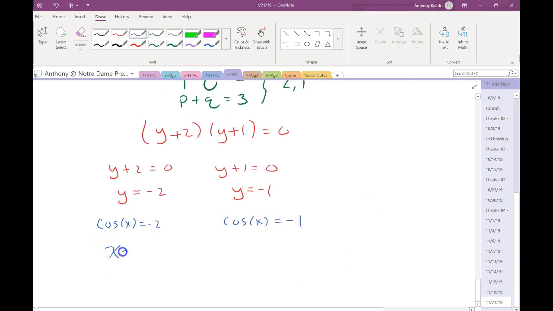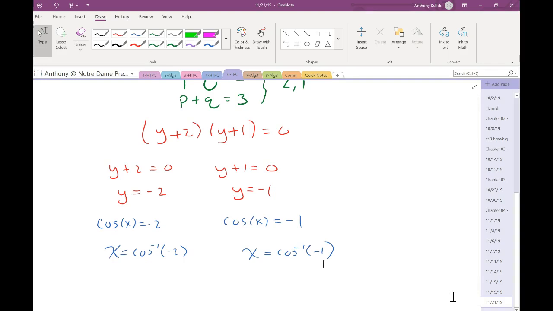So then we'll take the cosine inverse of both sides. So what do I get when I do cosine inverse of negative 2? It's not going to be 2 pi.